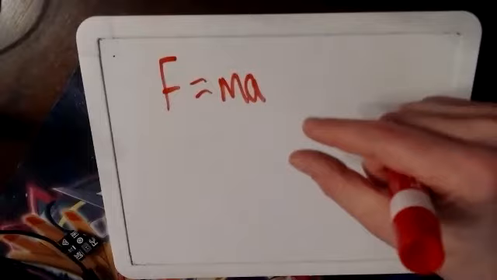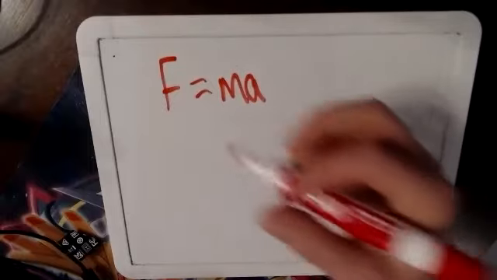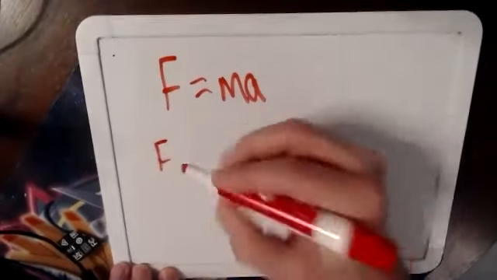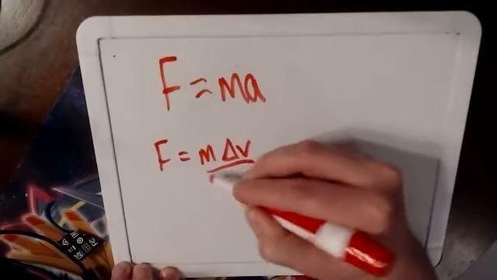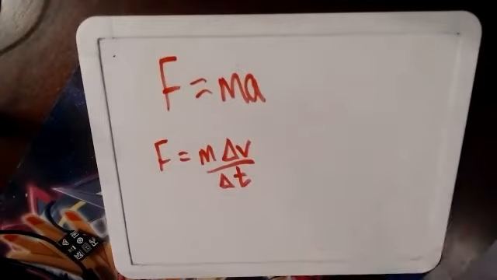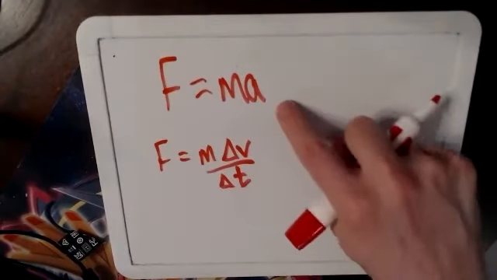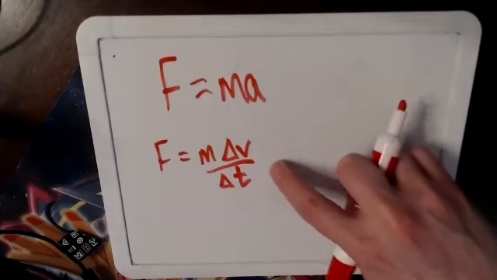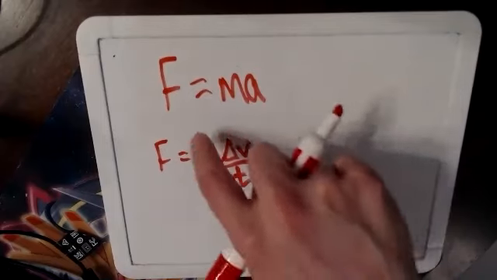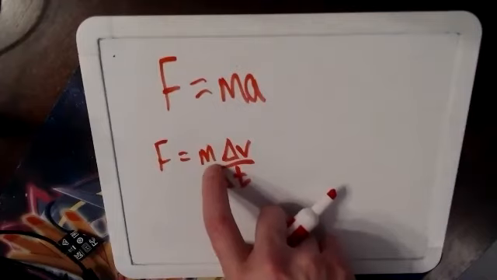Small changes. So F equals m delta v over delta t. From our earlier interpretation, we talked about that's the definition of acceleration. It's the slope of a velocity versus time graph. Change of velocity over change of time would be a slope. Not to be confused with this m right here, which doesn't stand for slope. That stands for mass.